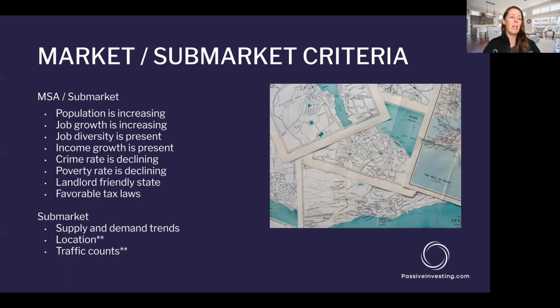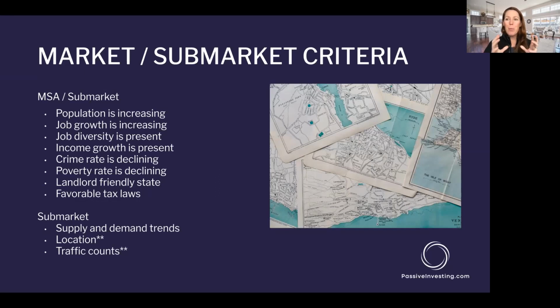The landlord laws in those states, if I'm investing in multifamily or mobile home parks, should be friendly to business, so the business has flexibility to work with the tenant. They also should be tax favorable, because taxes are one of your top expenses in real estate.